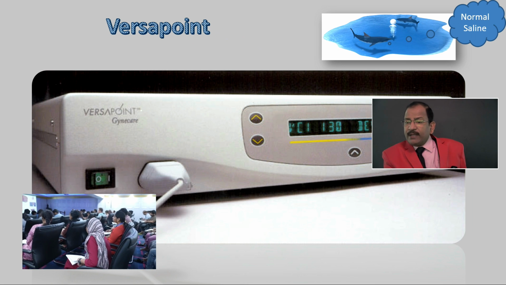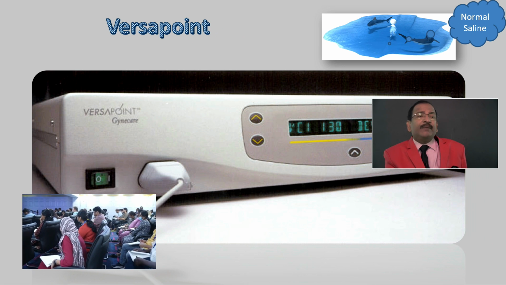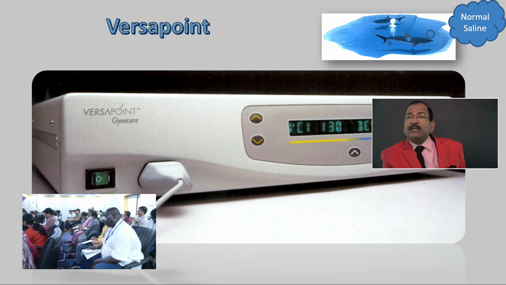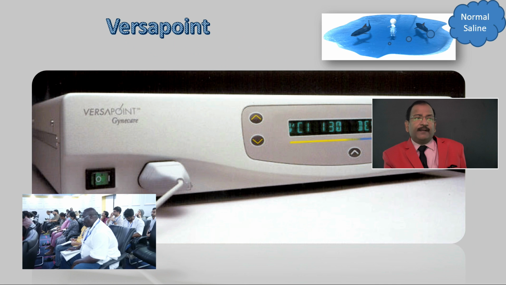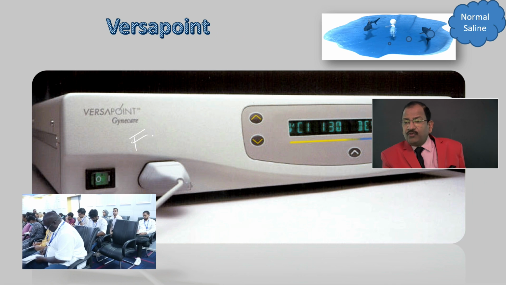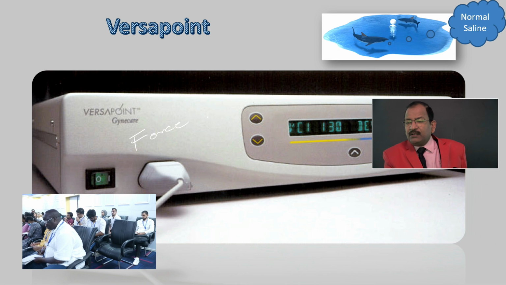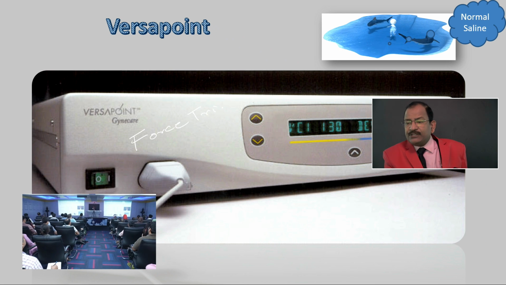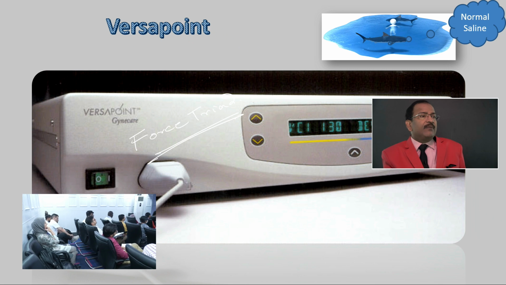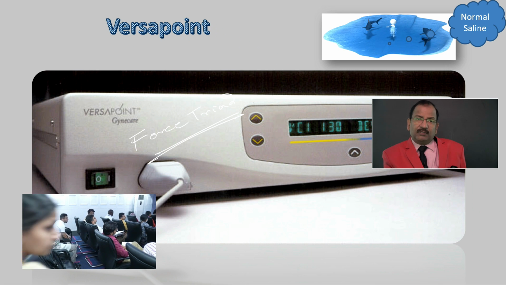So either you buy Versapoint, or there are many other bipolar generators, like ForceTriad. ForceTriad is a machine which has ligation in between, and it has underwater cutting also. They have high frequency, and bipolar will do.